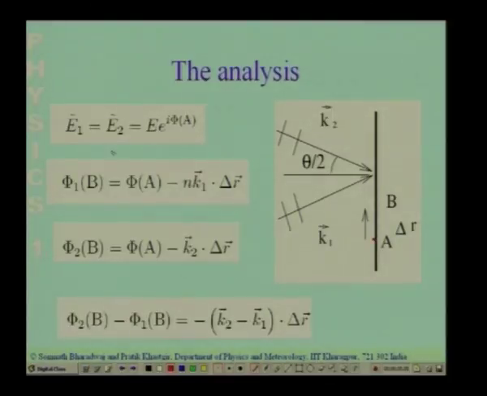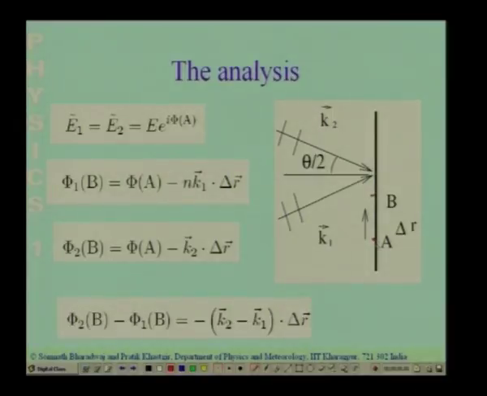So, at this point, the electric fields E1 and E2 have the same magnitude E and the same phase e to the power i phi A. We then ask the question, what happens if I move away from this point where I have a maxima to another point B?